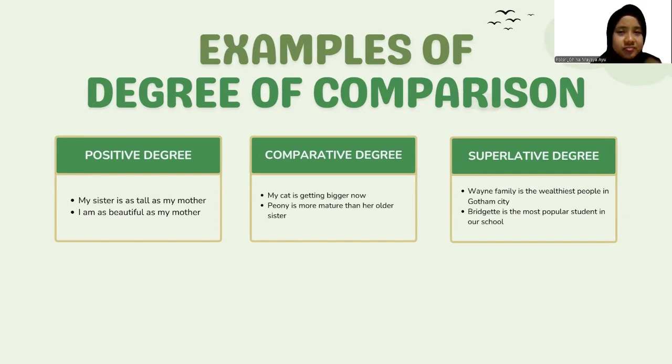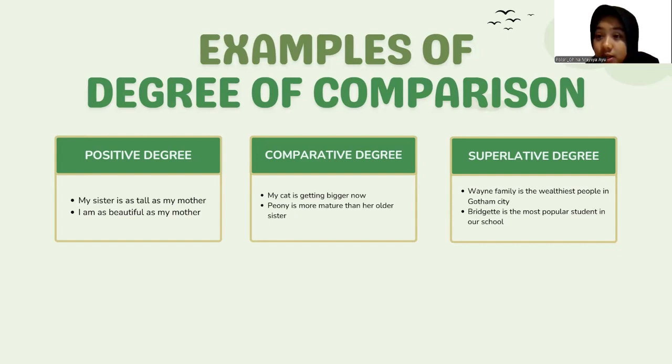So this time he or she is comparing the size of his or her cat now versus back then. Now the second is Peony is more mature than her older sister. So that was the comparative degree.